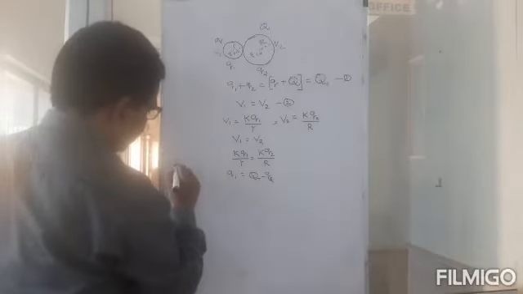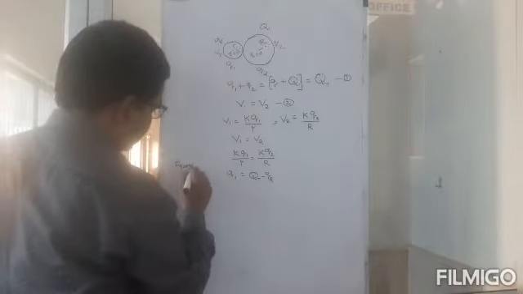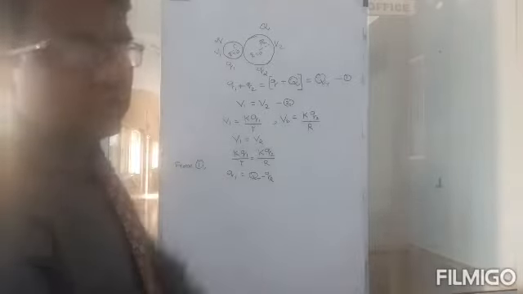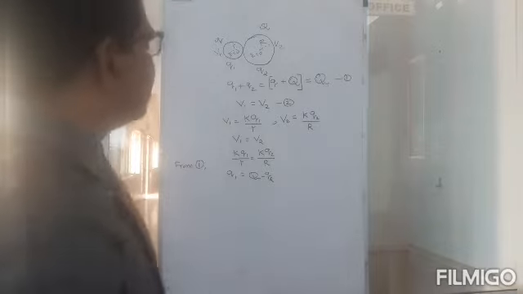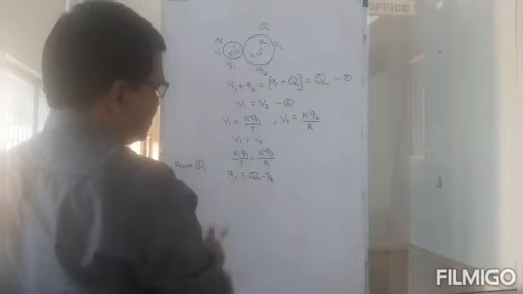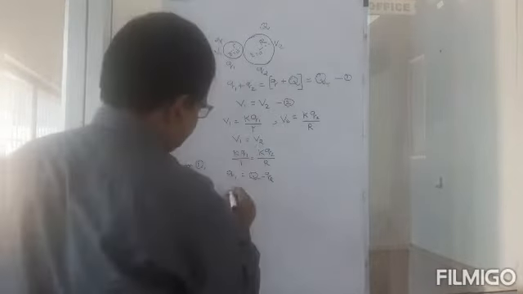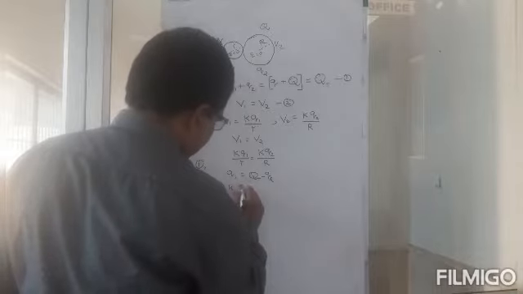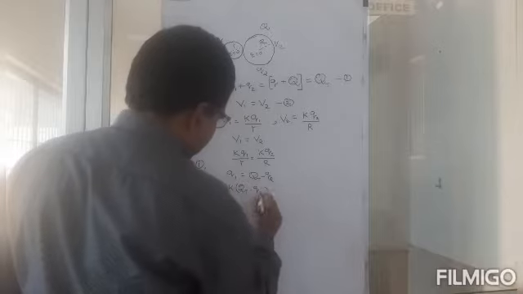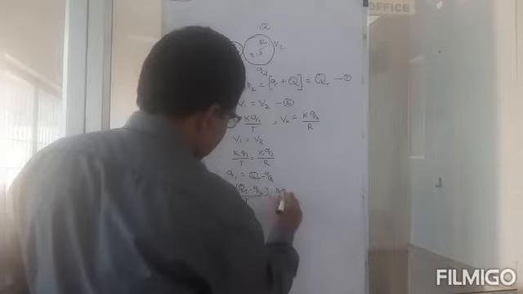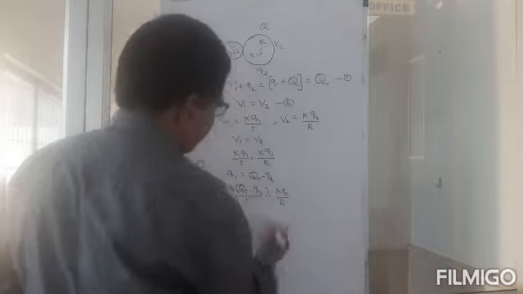So from 1 I can write Q1 is equal to Qt minus Q2. Can I substitute that in this equation? So what would I get here? K into Qt minus Q2 by r is equal to K Q2 by R.